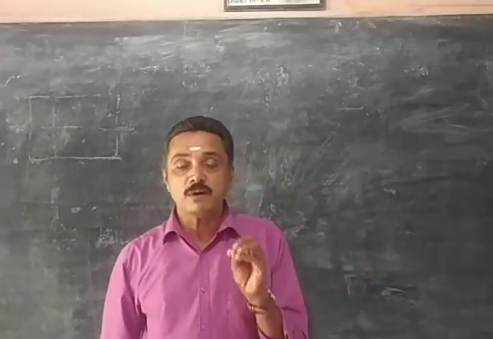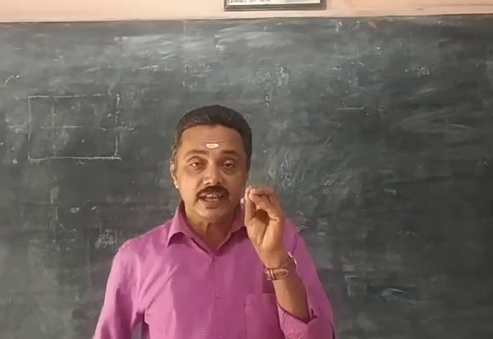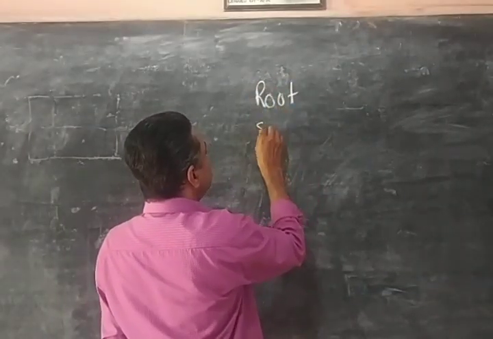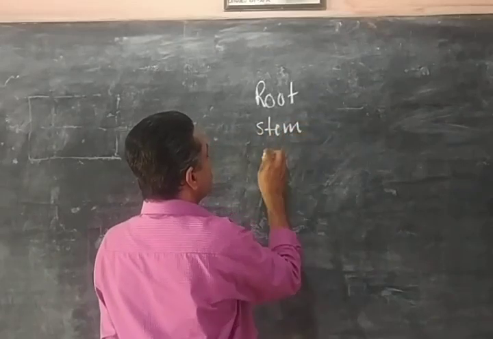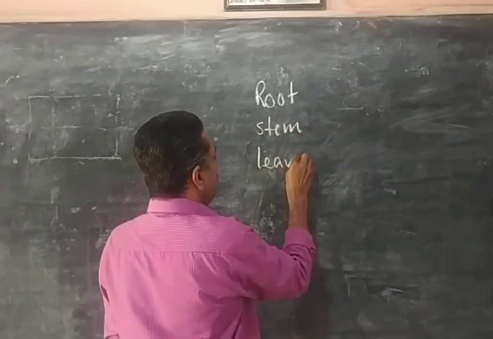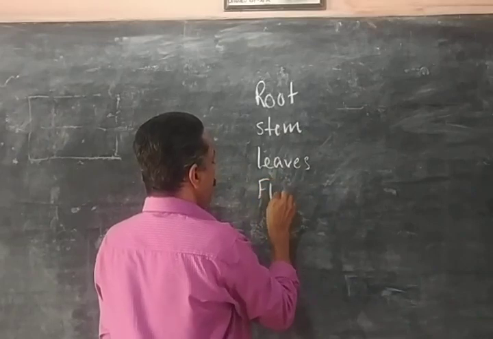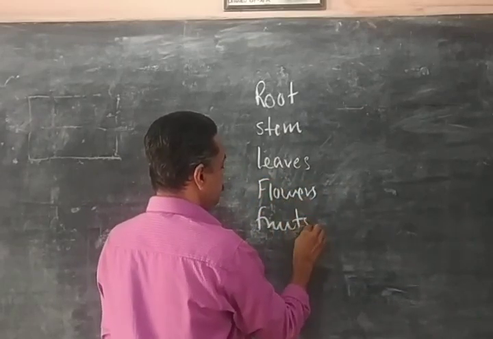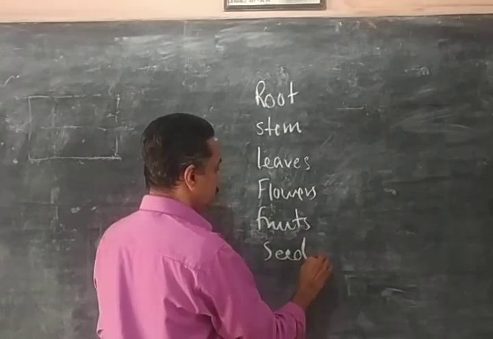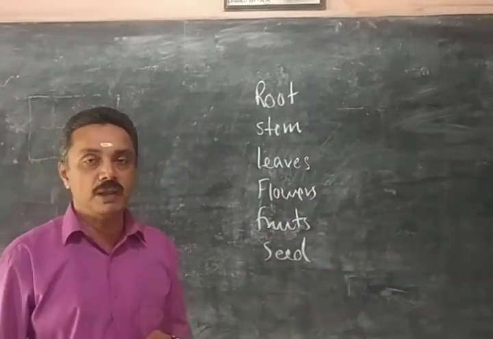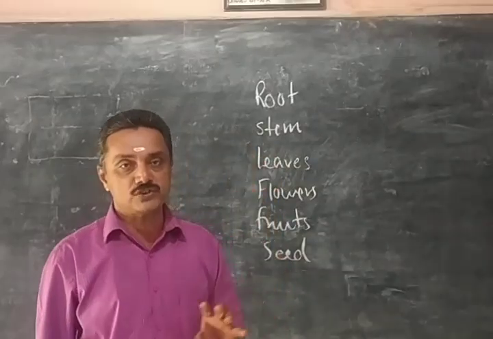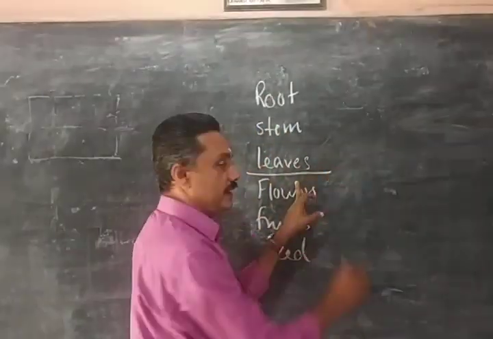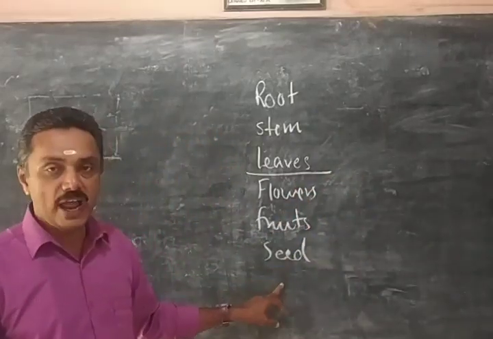Typically an angiosperm plant consists of 6 portions mainly: root, stem, leaves, flowers, fruits and seeds. Root, stem, leaves come in one category. Flowers, fruits and seeds come in another category.